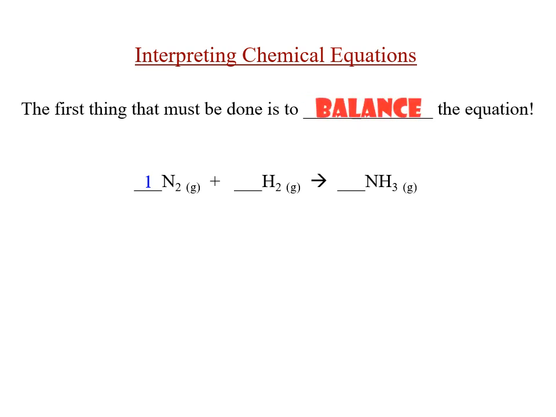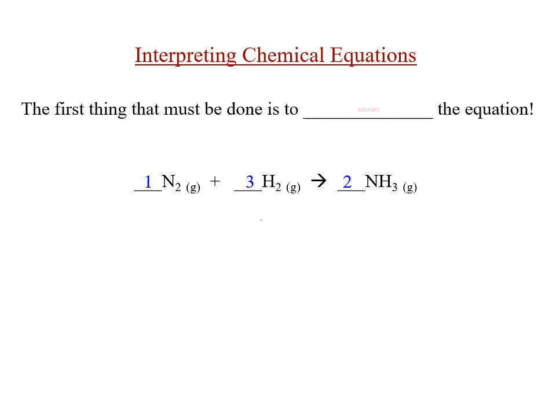All right, hopefully you came up with the fact that you're going to need 3 hydrogens to react with 1 nitrogen. And when 3 hydrogens react with 1 nitrogen, you're going to make 2 ammonias. Now the equation is balanced.